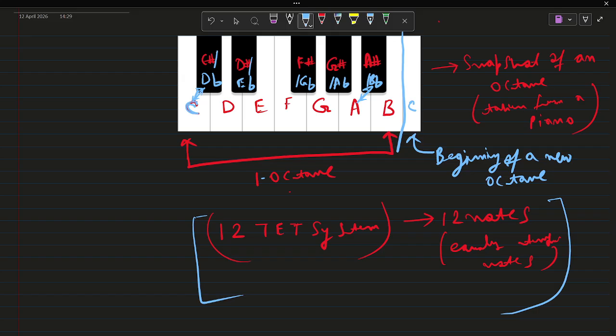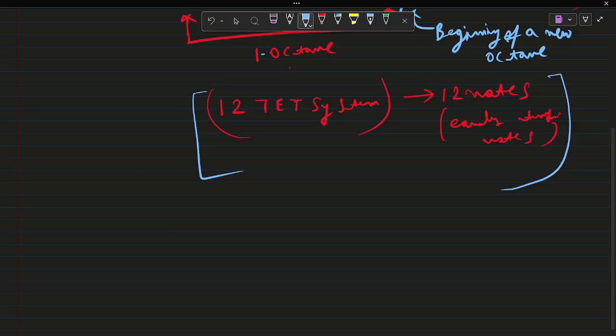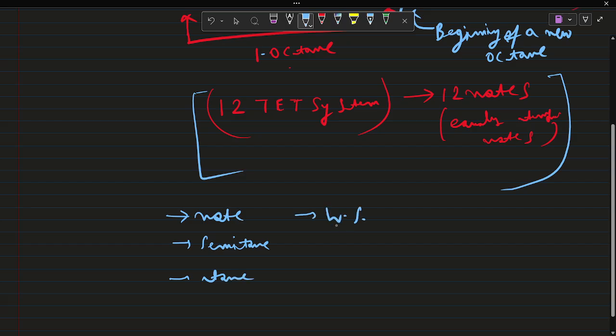So before discussing scent, I think you need to understand some terms: note, semitone, tone, whole step, half step.